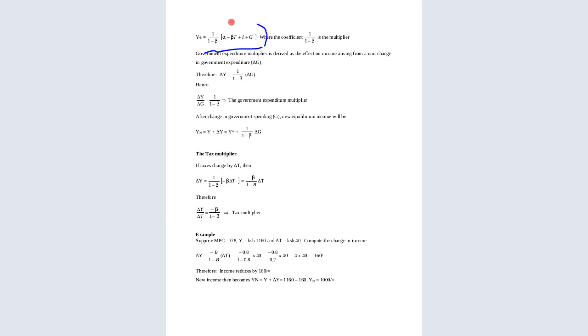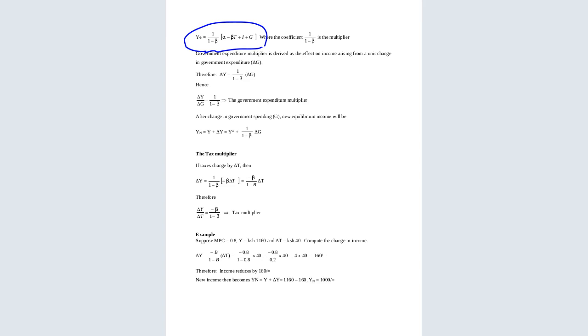So from this expression here, you can find the change in income over the change in government expenditure. So it's simply given by this part here.